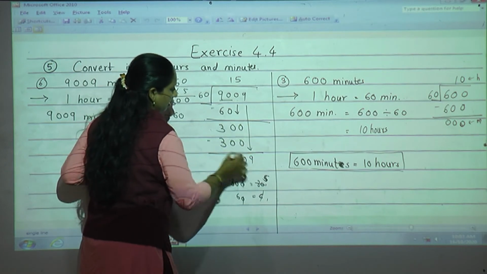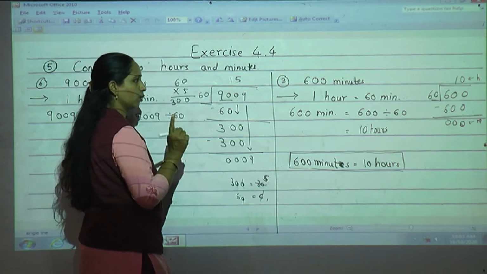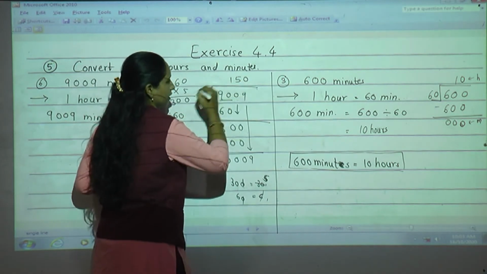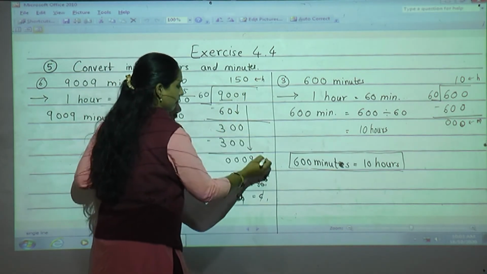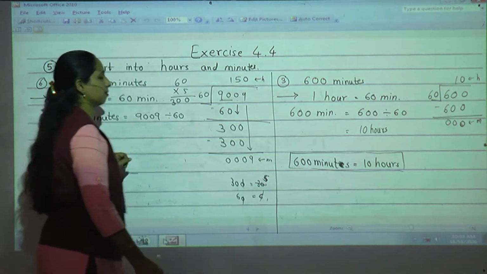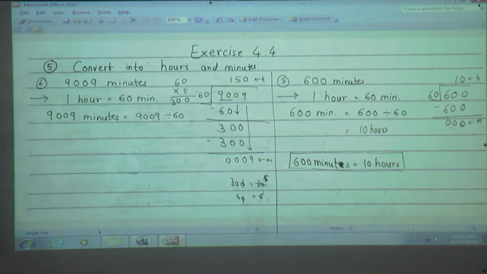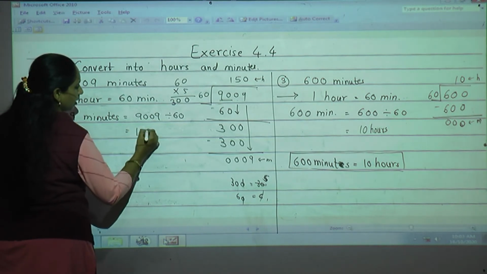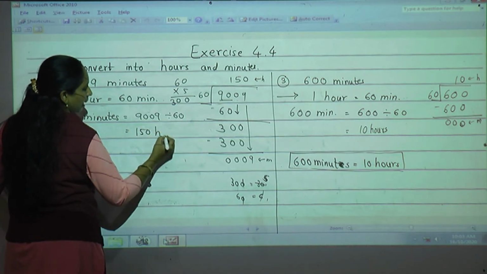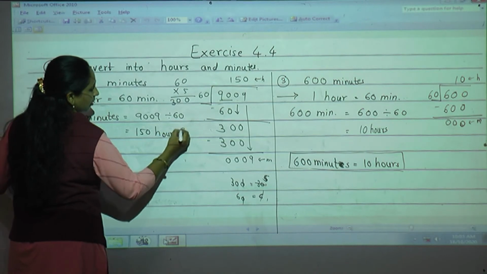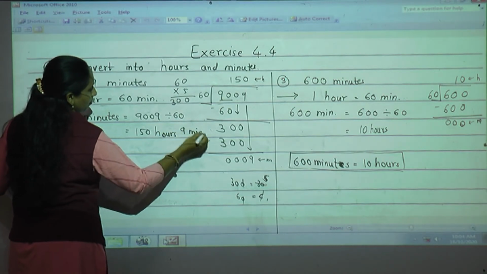Bring down 9. Can we divide 9 with 60? No. So give 0. This is what? Hours, and this is what? Minutes. So now we can write the answer: 150 hours and 9 minutes.